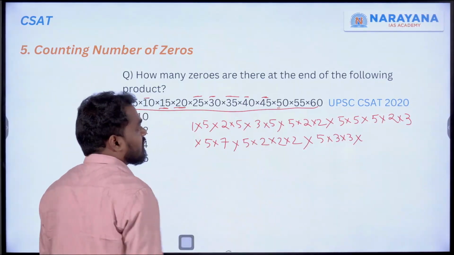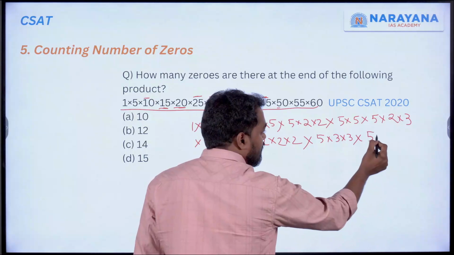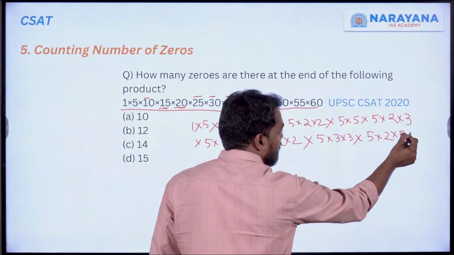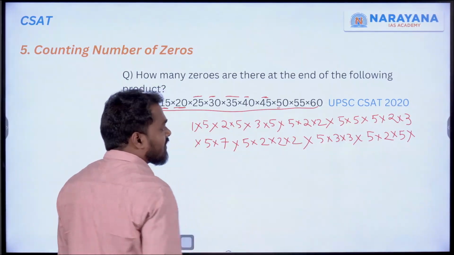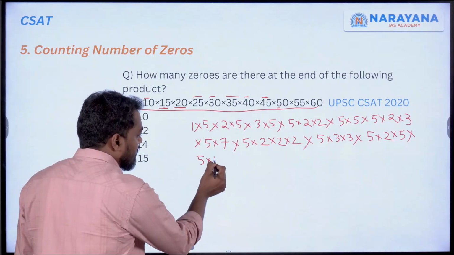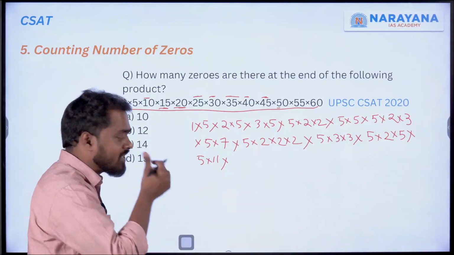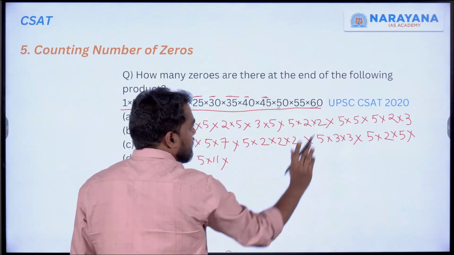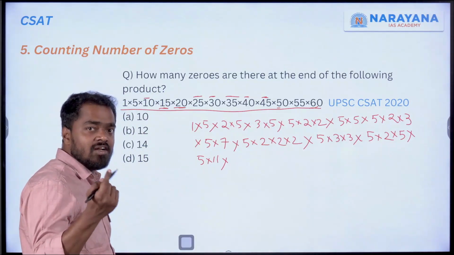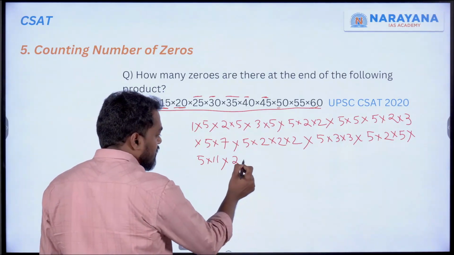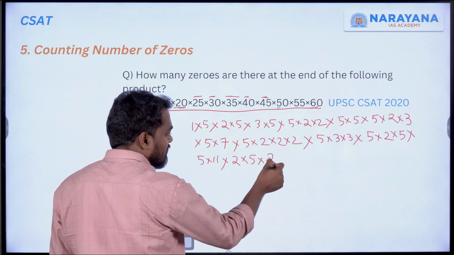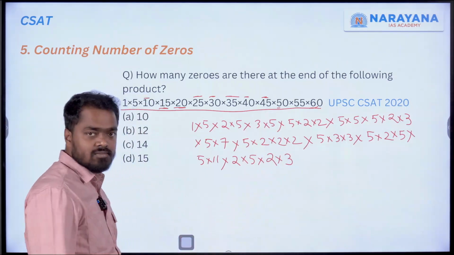Next, 50. 5 tens, so 5 into 10 is nothing but 5 into 2 into 5. Next, what is 55? 5 into 11. 11 is a prime number, so it cannot be further divided. What is 60? 10 into 6. 10 is nothing but 2 into 5. 6 is nothing but 2 into 3.